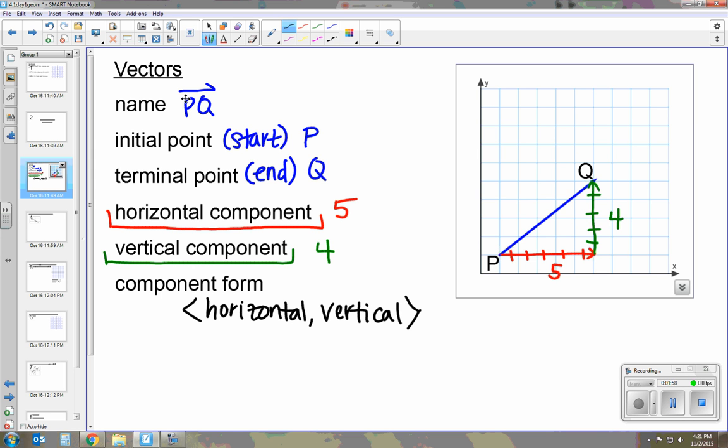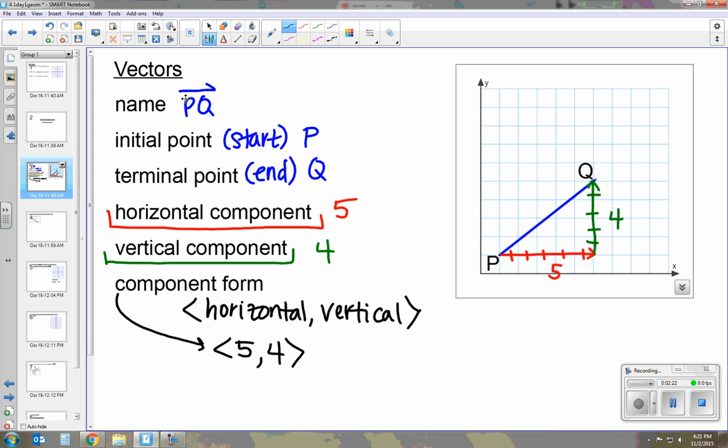And how this looks is our horizontal value is 5, and our vertical value is 4. And so that is our component form. It's telling us to get from P to Q, we moved 5 units to the right and 4 units up. And that's sort of like a rule and instruction of how to move these points.